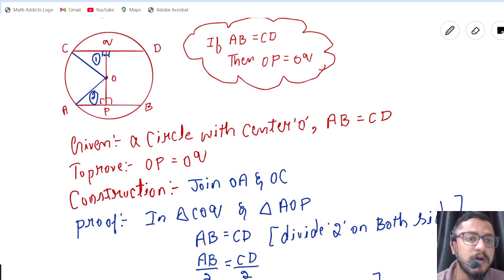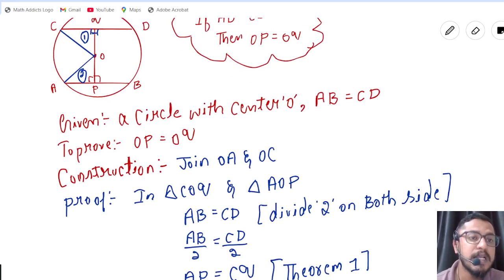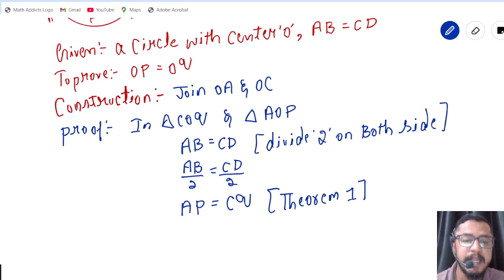Next, if I observe, we have one angle of 90 degrees. Angle Q is equal to angle P is equal to 90 degrees, so both are right angle triangles. You mention that also: angle CQO is equal to angle APO is equal to 90 degrees.